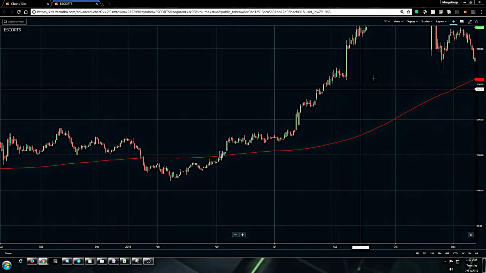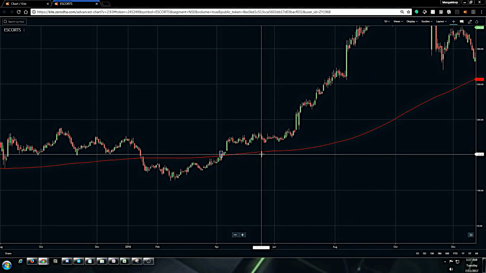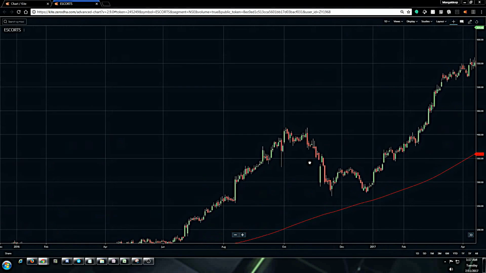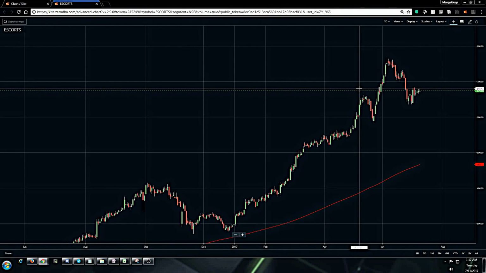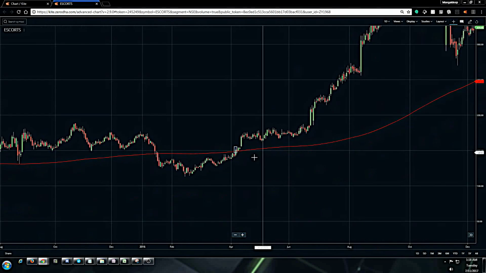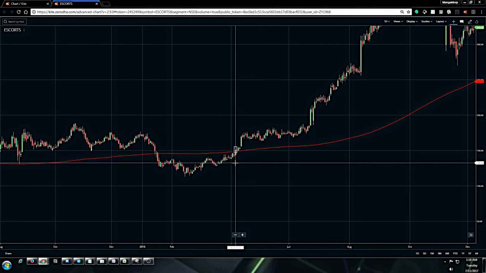And then you see the movement right from 150 rupees till date, it is 680 rupees. The precise date when anybody would have gone long here is 4th of June 2016.